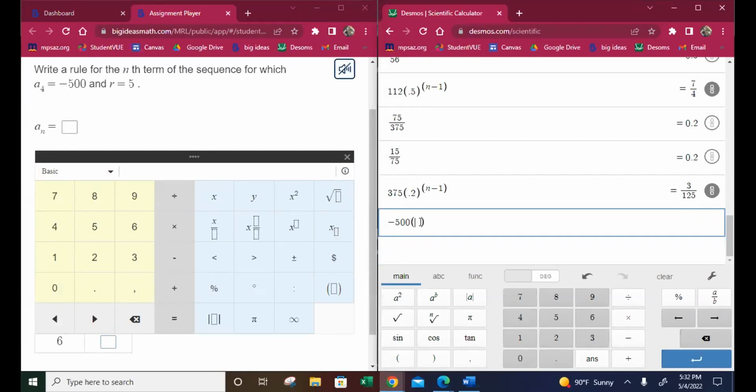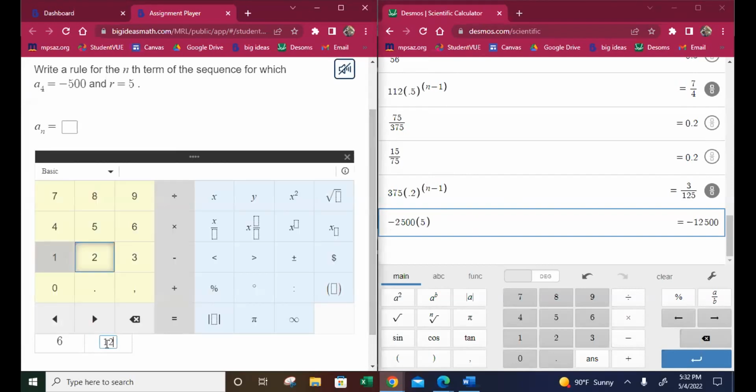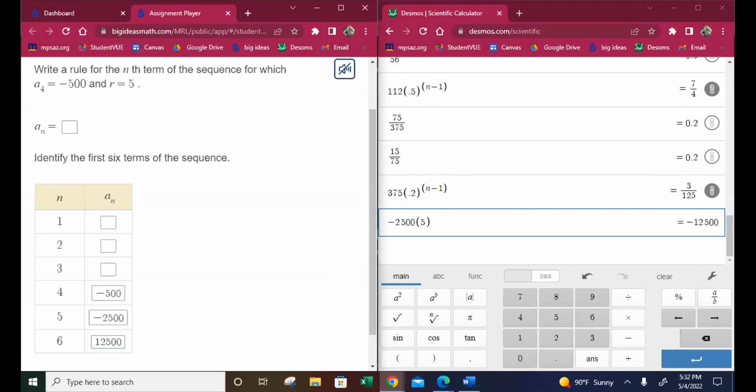Minus 2,500 times 5. So that's the number that goes there. It's negative though. Put a negative in front.